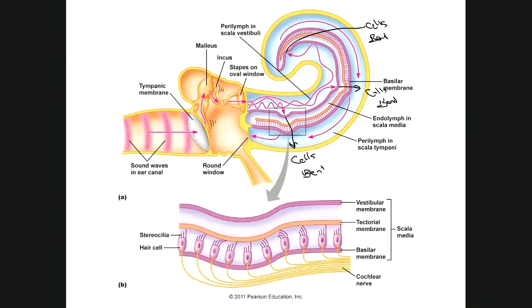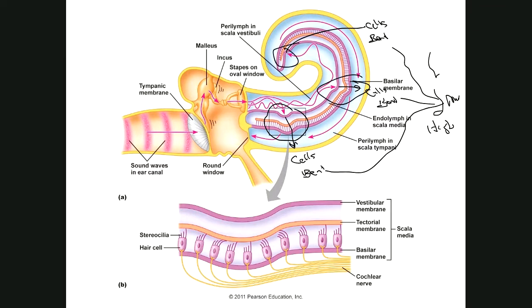So your brain is going to get action potentials from all three of these. So the brain is going to know there was a high-pitched sound involved in this, there was a medium-pitched sound involved in this, and there was a low-pitched sound involved in this. But there's nothing in between. There's no sound from this and no sound from this.